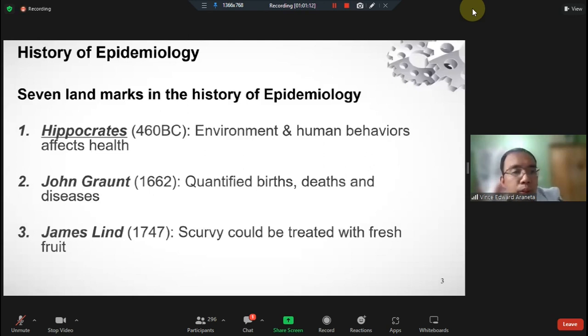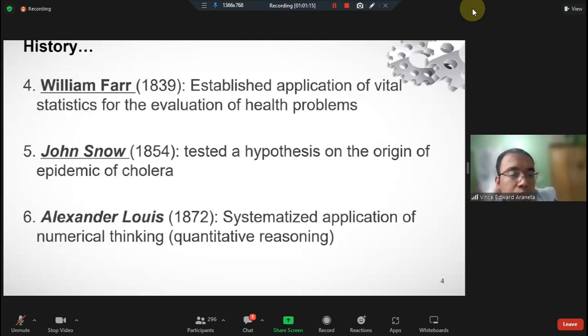Don't have to memorize each one, but I'll just highlight. William Farr is the one who established application of vital statistics for the evaluation of health problems.